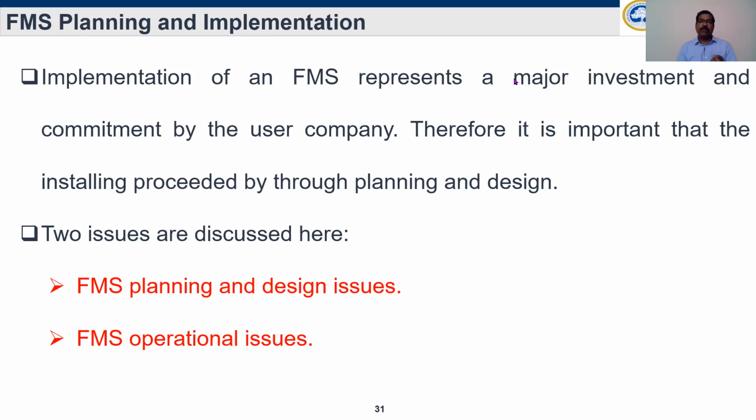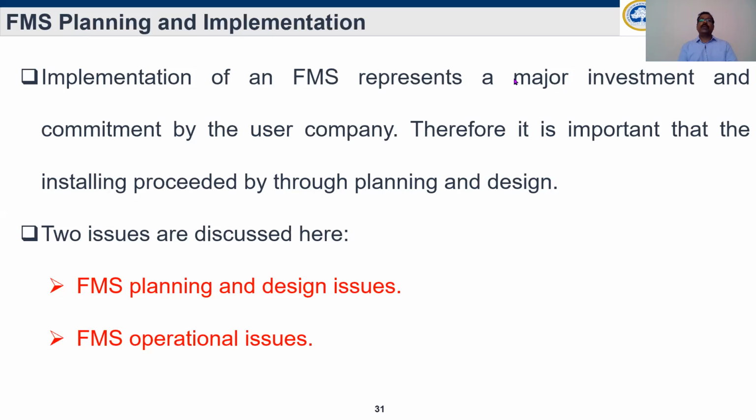Though we already have numerous machines in our factory, once we decide to convert our industry into an FMS system, we have to invest significant money in new machinery and equipment to automate. That's why implementation of an FMS represents a major investment and commitment by the user company. Therefore, it is important that planning and designing is critical.